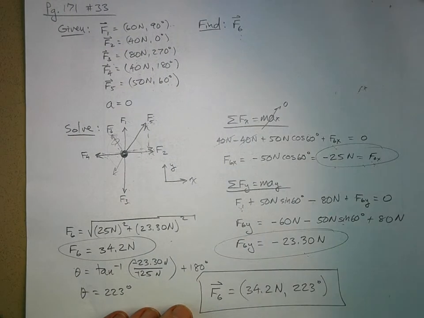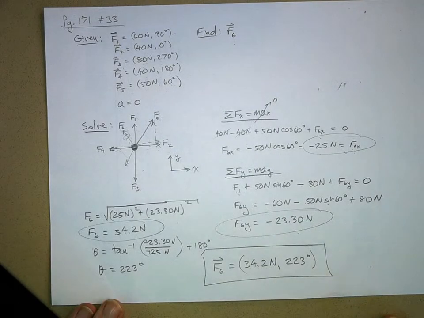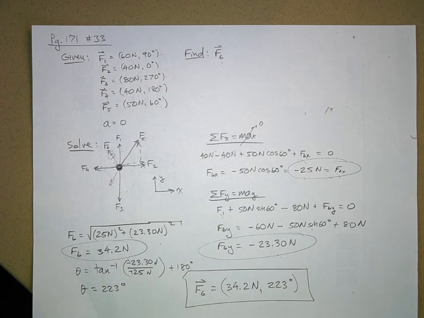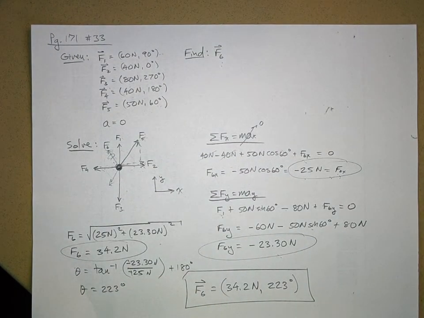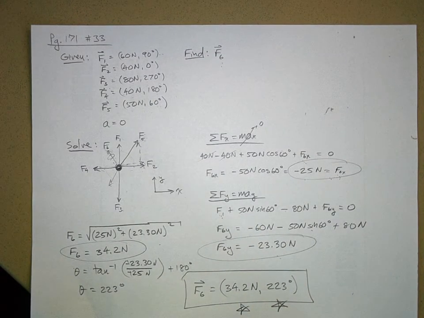So let's zoom all the way out here. We are zoomed out. Lift that so you can see the whole problem. And let me check my work. This is number 33. Oh, it's 34 newtons, 223 degrees. Very good. Put a big star next to that.